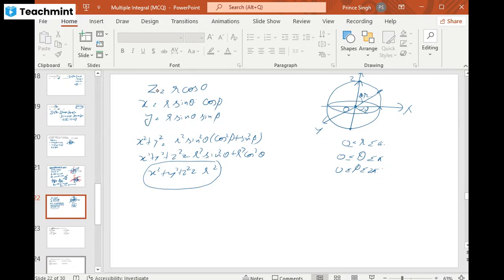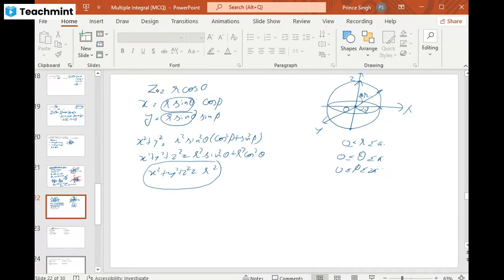And we already know that in case of polar form, x is r cos phi and y is r sine theta. Because the radius of the sphere is the same throughout, in this case x and y have a variable r for this particular circle.